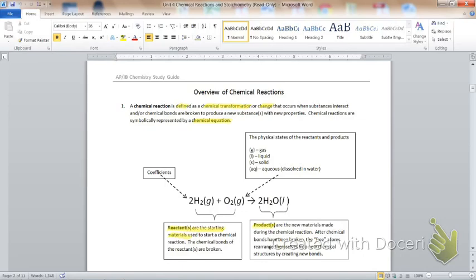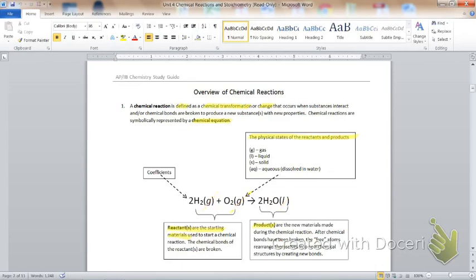So we usually symbolize by something like this, where we have the physical states. (g) in parentheses is a gas, a liquid is (l), a solid is (s), and if it's aqueous, meaning that the substance is dissolved in water, then we put (aq), and we just place that at the end of the reactant or the product, as you can see here represented in this equation.